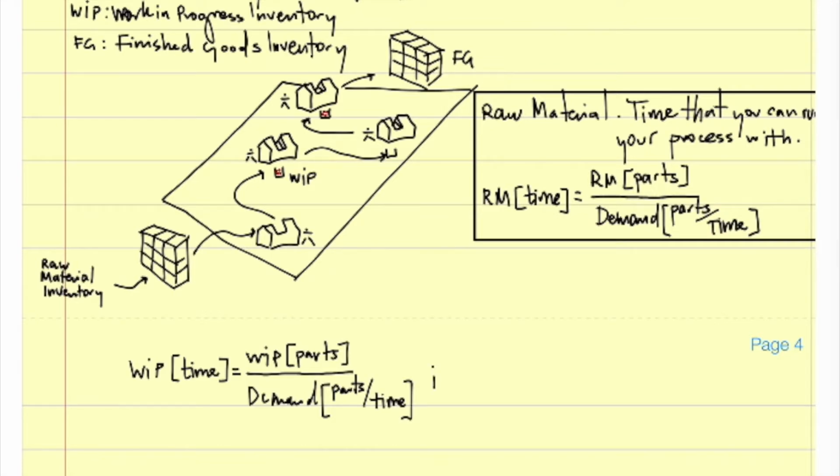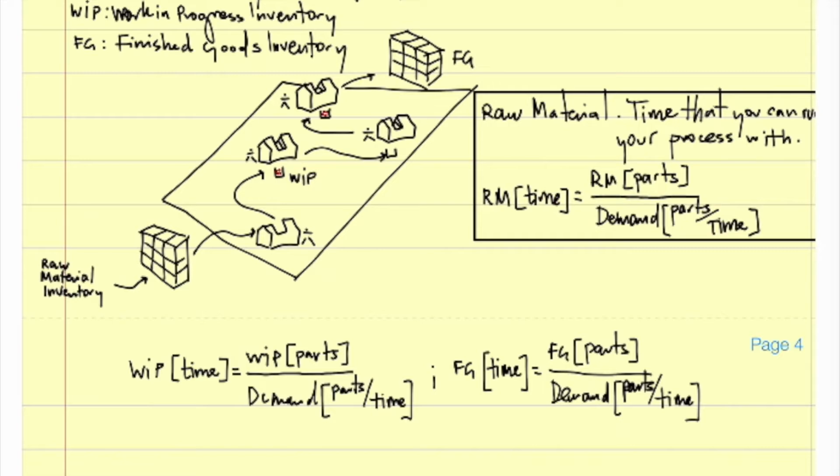Finished goods, same. Okay. In parts, per time.